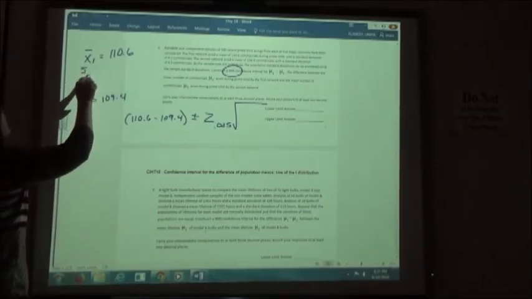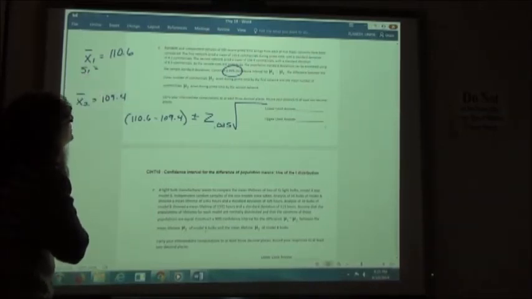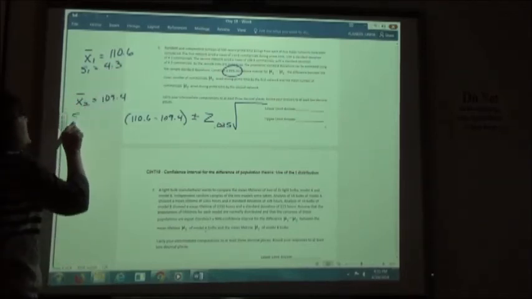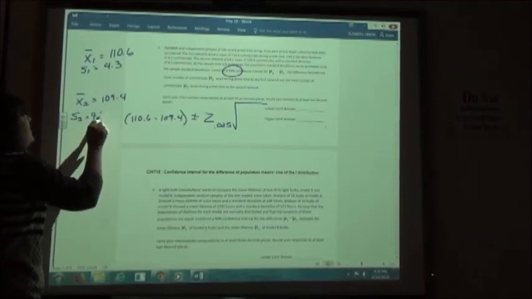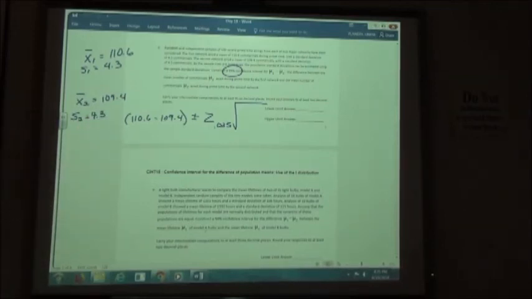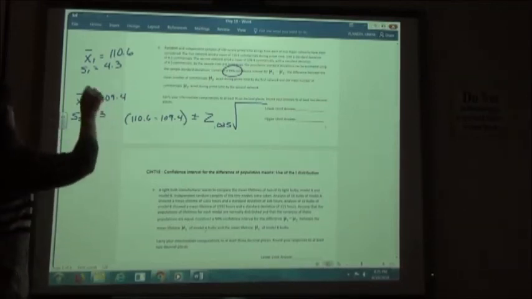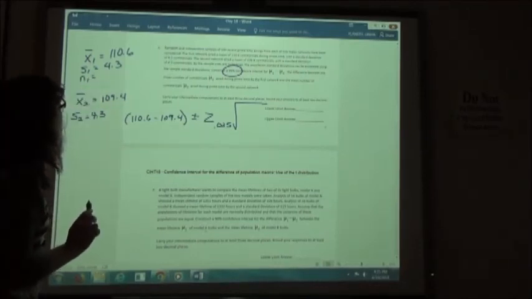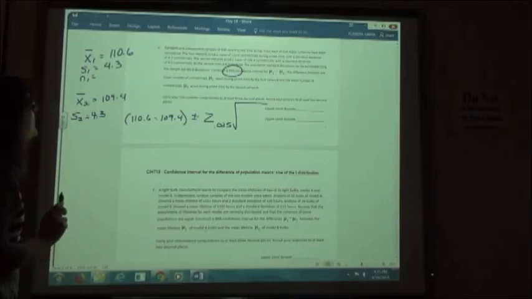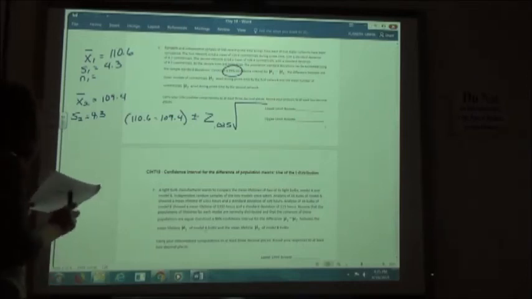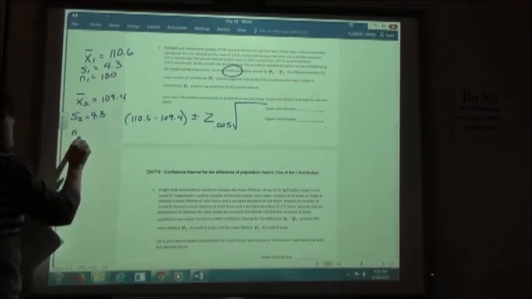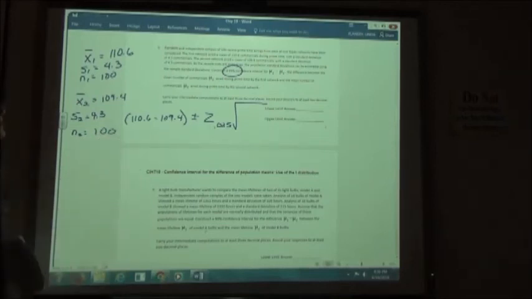And then we're going to have the square root of, and we need our standard deviation. Our standard deviation from the first sample was 4.3, and for our second sample, it's also 4.3, right? N for our first sample is going to be 100, right? And on our second sample, it's still 100.